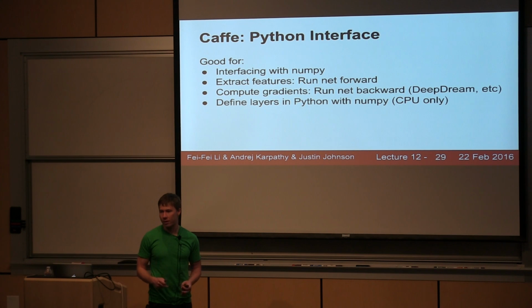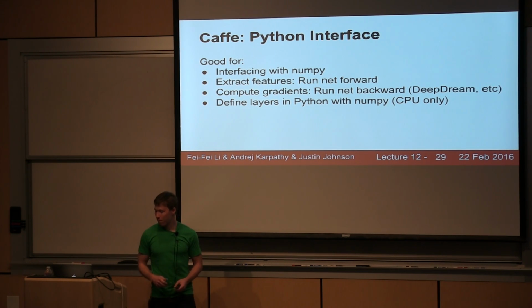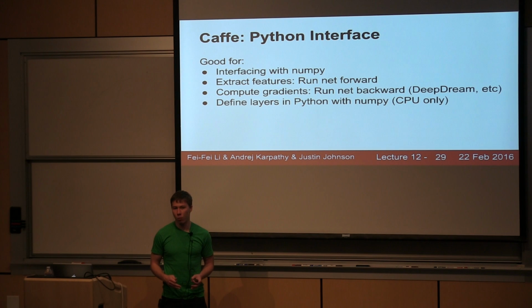You can also do that quite easily using the Python interface on Caffe, where you just need to take data and then run it forward and backward through different parts of the network. The Python interface is also quite nice if you just want to extract features. Like you have some data set, you have some pre-trained model, and you want to extract features from some part of the network, and then maybe save them to disk, maybe to an HDF5 file for some downstream processing. So that's quite easy to do with the Python interface.